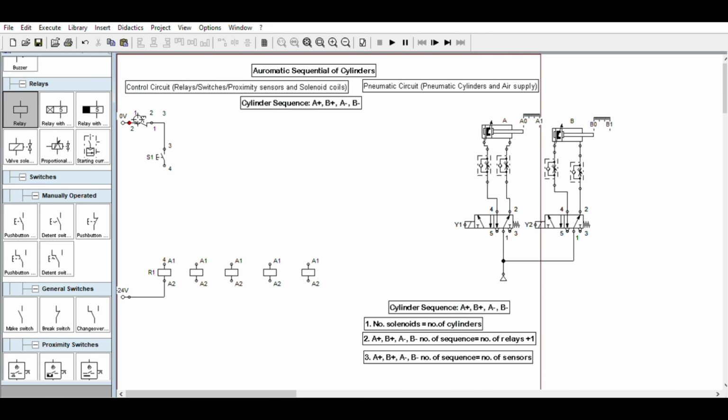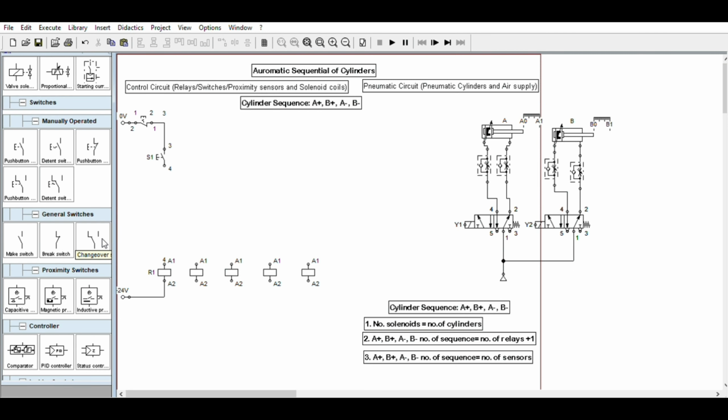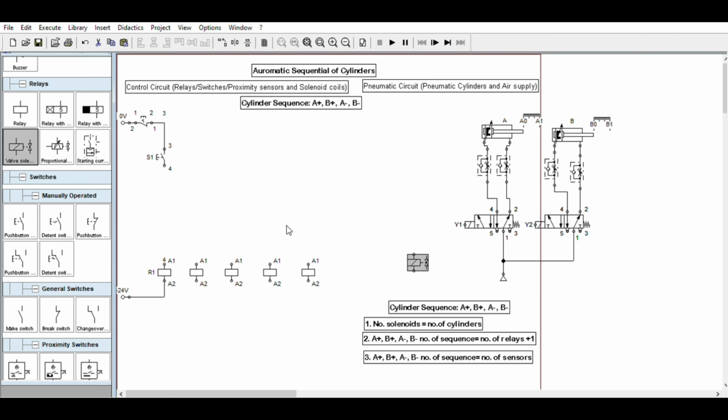In reality, you have a fuse or circuit breaker. Number of solenoids: there are 2 solenoids. These are solenoid valves, Y1 and Y2.